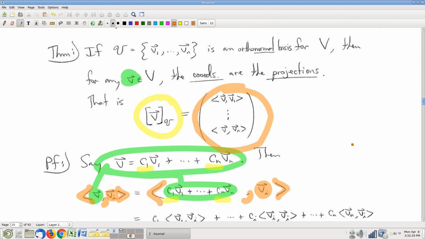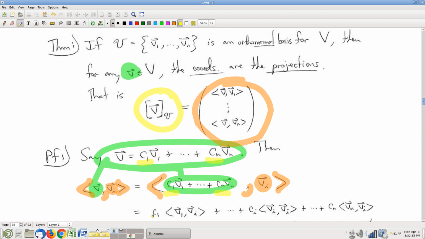In other words, if you fix the right vector, for example, view the inner product as a function of just what you put in the left slot, right? That function that takes this vector input is a linear transformation, so linear combination in, linear combination out, like so, in the usual way.